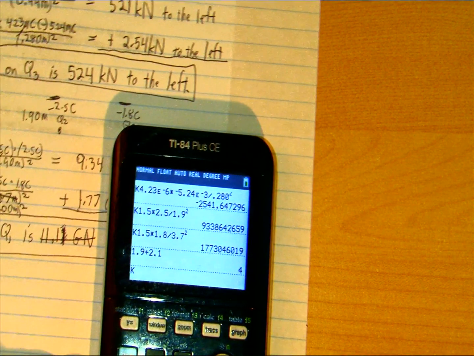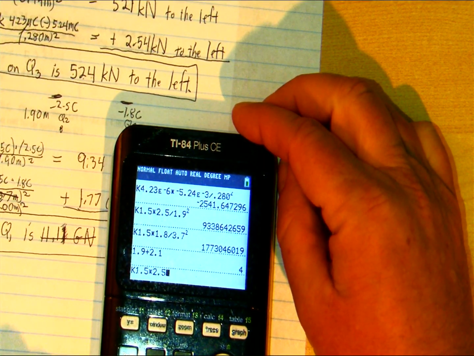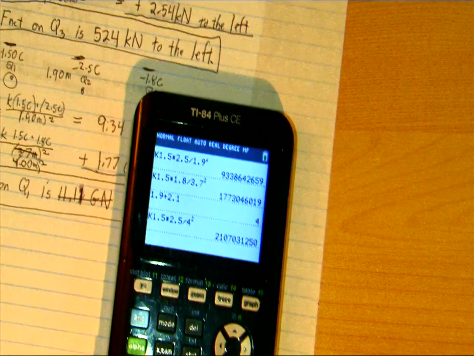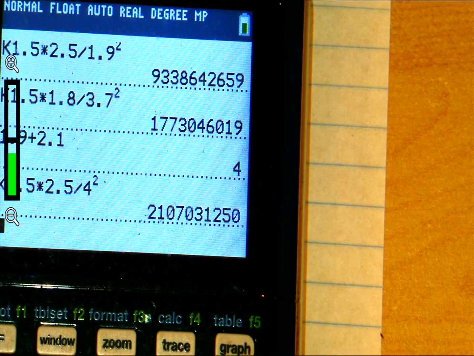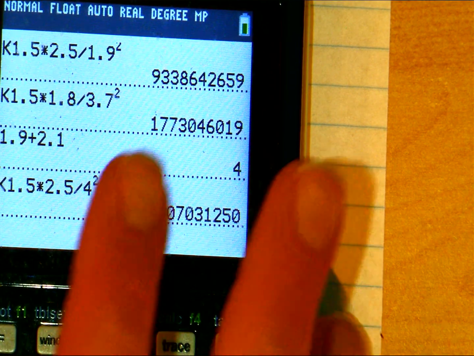Alpha k times 1.5 times 2.5 divided by 4 meters squared reduces the force between 3 and 2 down to 2.11 giganewtons.